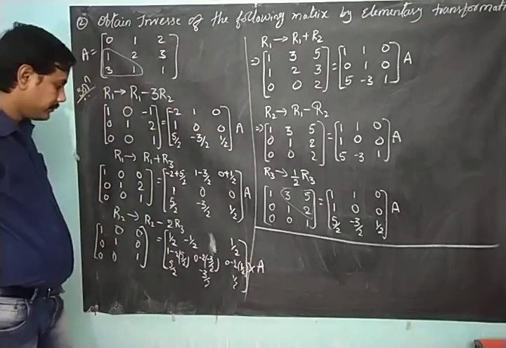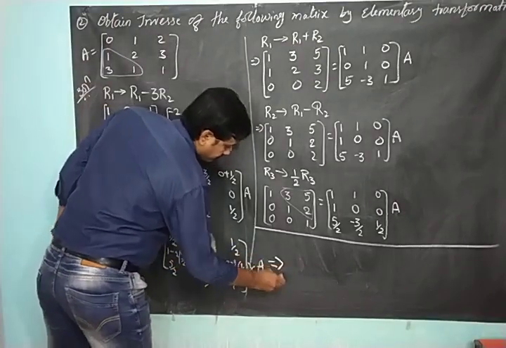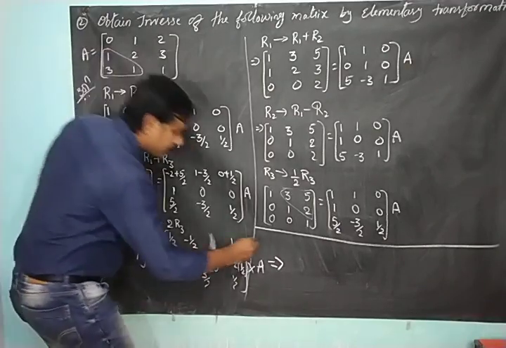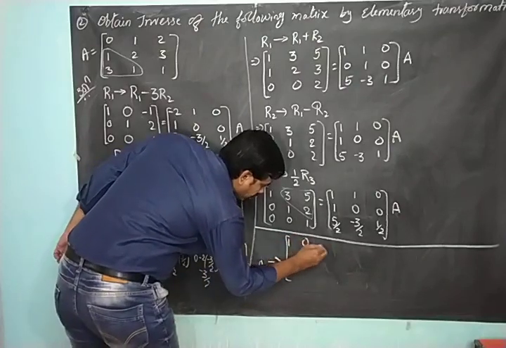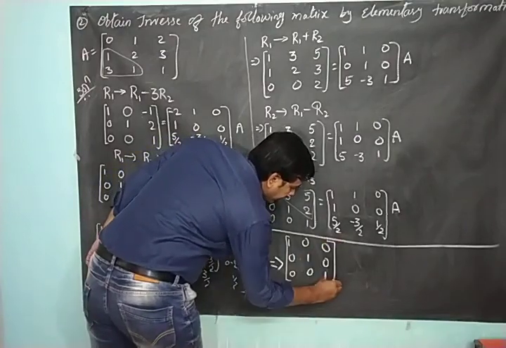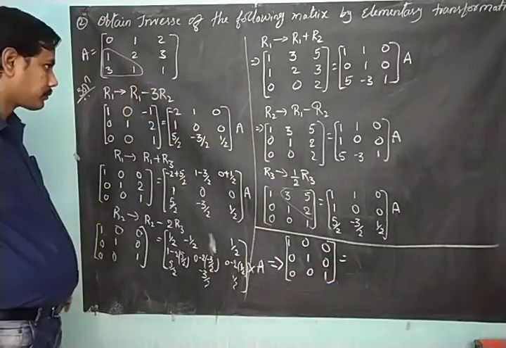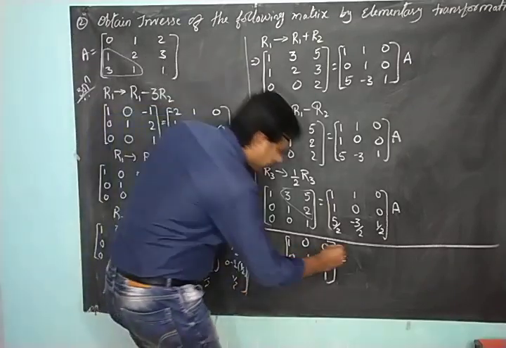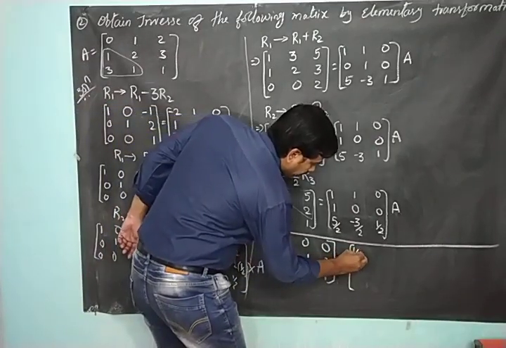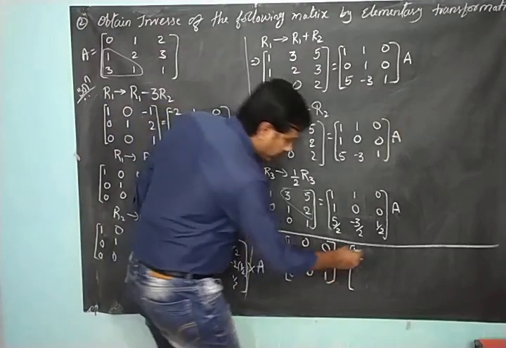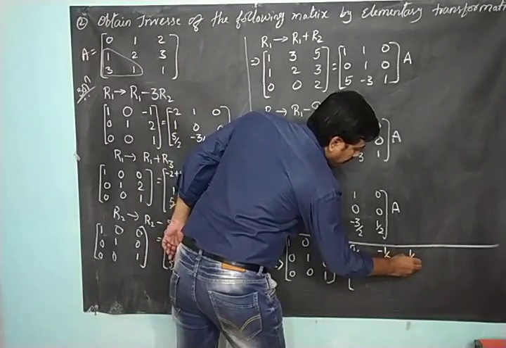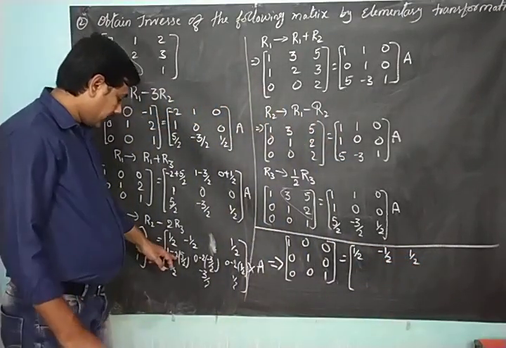So let us continue here. We got this entire thing as the identity matrix. So this is 1 0 0, 0 1 0, 0 0 1 is equal to what we got here: 1 by 2, minus 1 by 2 and 1 by 2. 2 and 2 cancel.